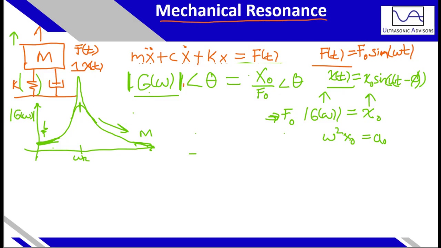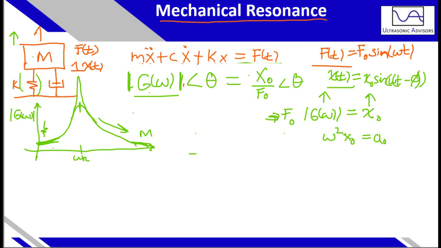And as you go very high in frequency, you're practically shaking the system at that point, and it's actually going to displace less and less as you keep increasing your frequency. At the resonant point, you're governed by all of these factors.